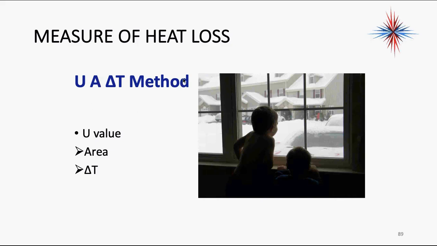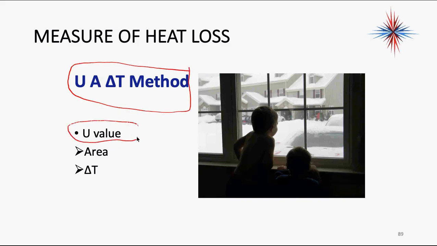The UAT method is how we do building heat load, and I'll explain this. We have the U value. We have the area. We have the delta T. Delta T is just the temperature difference. Anytime you see delta T, it's a temperature difference. So the UAT method of heat transfer is what we basically use.